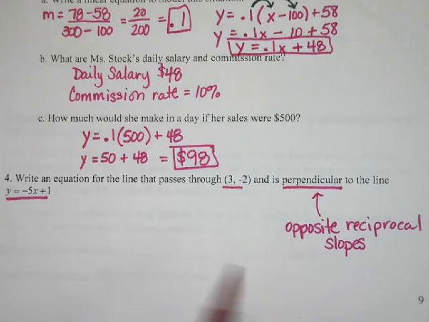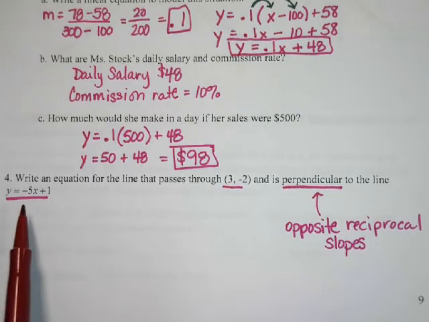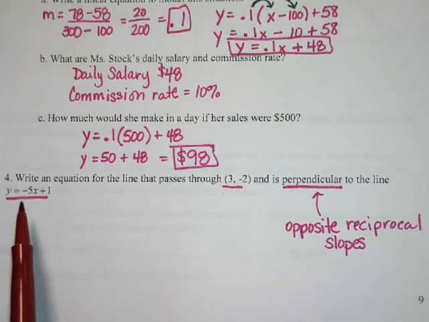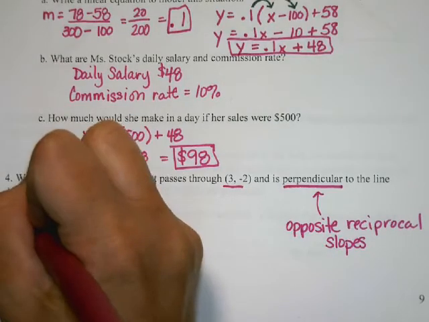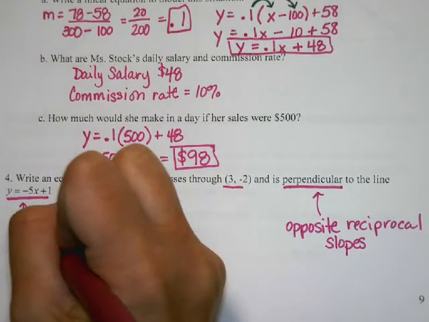Okay, so I have some line here, y equals -5x plus 1. What's the slope of that? -5. Thanks, JJ and JT. So the slope of this line is -5.